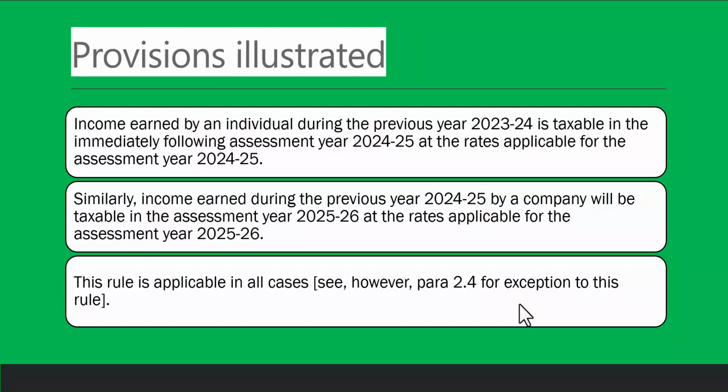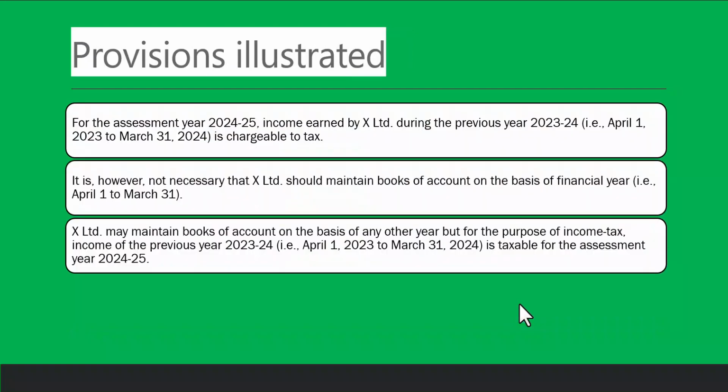Income earned by an individual will be taxable in the immediately following assessment year. This rule is applicable in all cases except in a few cases. So we will always have a previous year and an assessment year. Okay, so we know that concept now, but there can be exceptions to this rule. Okay, so let's understand what those exceptions are.